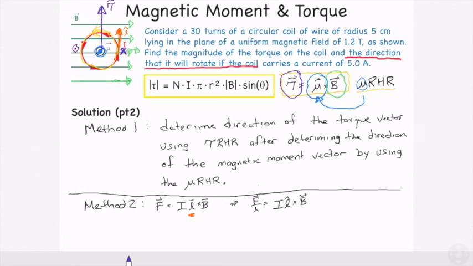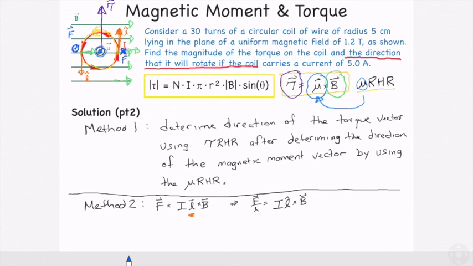We could do the same thing over on this left-hand side where the current is pointing downward, so the L vector on this side will point downward. Cross that with the B vector, which is still pointing to the right, and the force right-hand rule will again tell us that the force will point up out of the page. Over here we had the force pointing into the page, right? And therefore that gives us the direction of the rotation that's consistent with method 1.